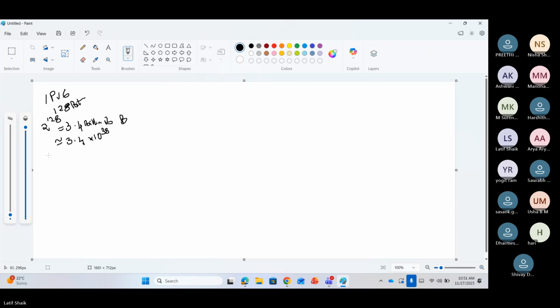Next, this IPv6 address is represented in hexadecimal format. One hexa is equivalent to 4 bits.